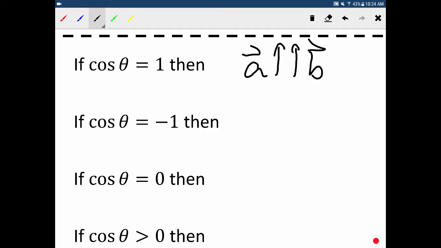If cos theta is negative 1, however, then they are still parallel, but they're going to be going in opposite directions.